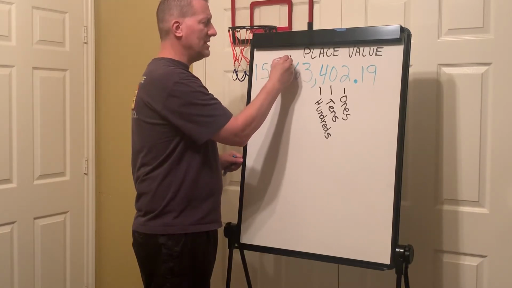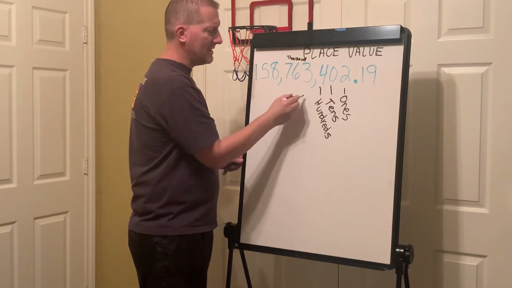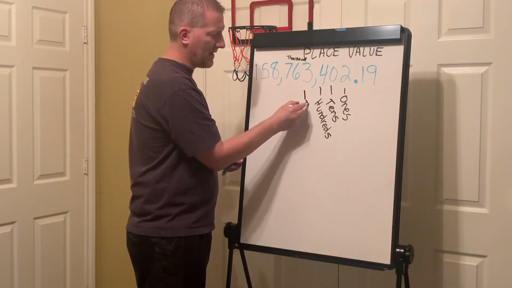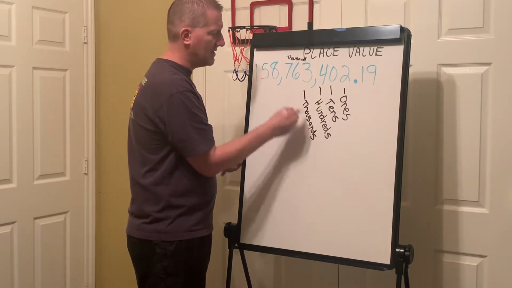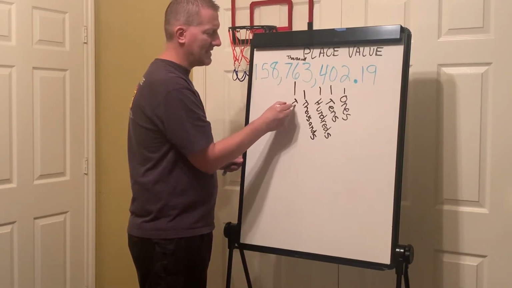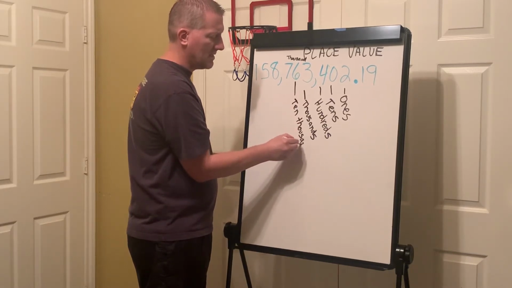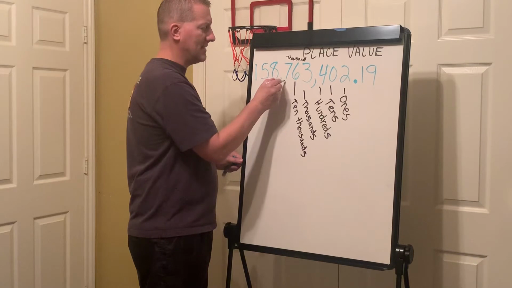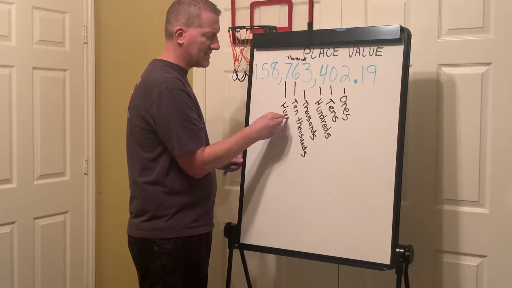So all these are the thousands up here. This is the thousands, because that's the 1,000s. This is the 10,000s. This is the 100,000s. So the same pattern.